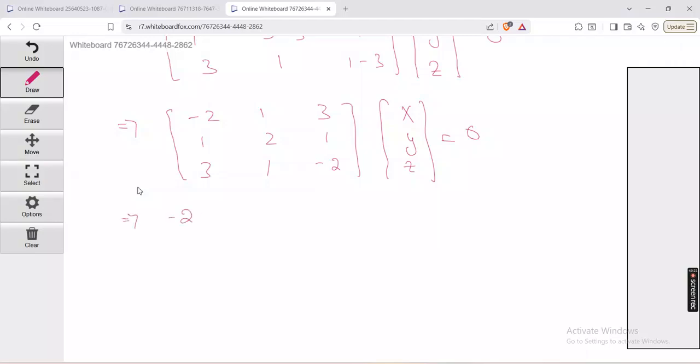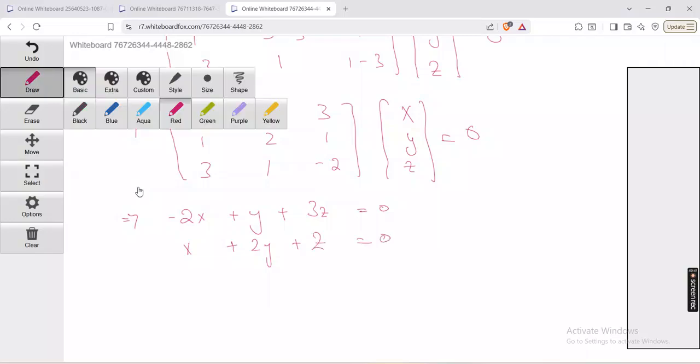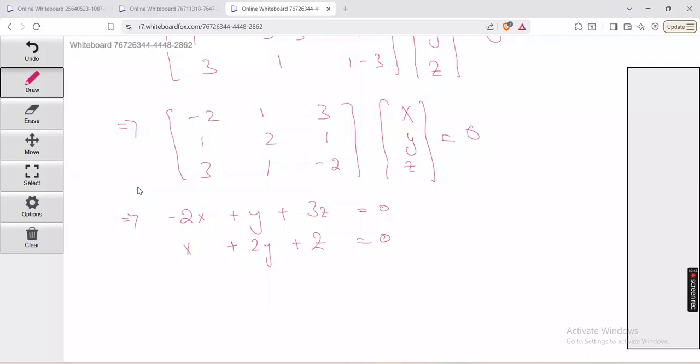So this is minus 2x plus y plus 3z is equal to 0. And this is x plus 2y plus z is equal to 0. And this is 3x plus y minus 2z is equal to 0.